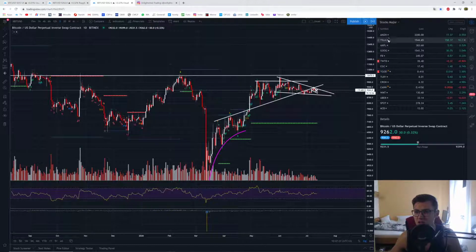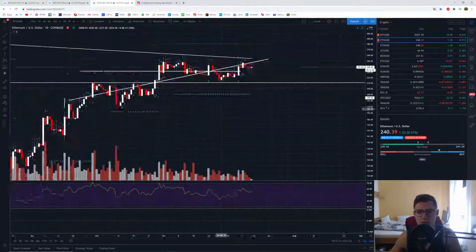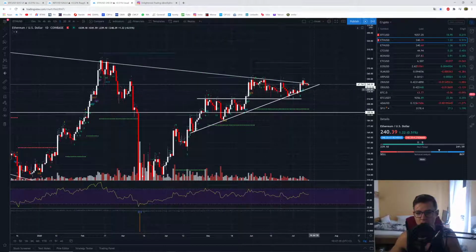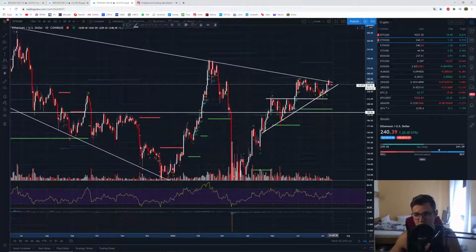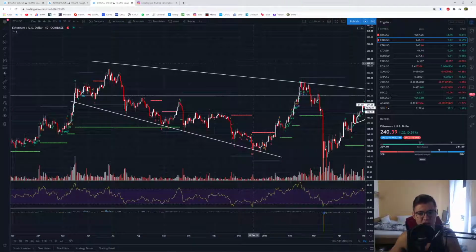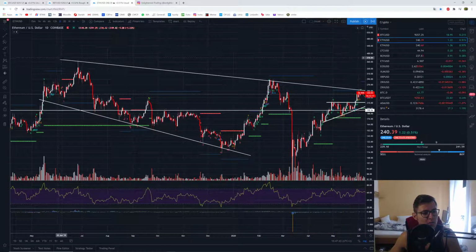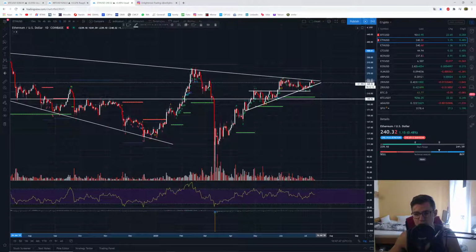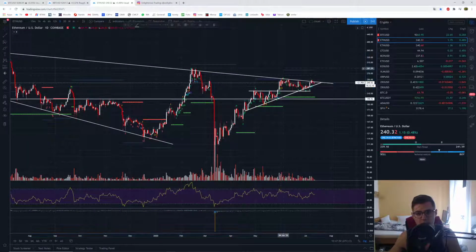Okay, just taking a quick look at Ethereum. Ethereum is of course moving very similar to Bitcoin. It also reached sort of its breakout, but it was a fake once again, so that is not too surprising. Maybe we can adjust it a little bit so it fits better.